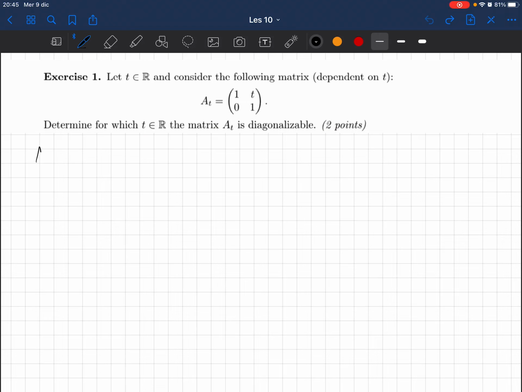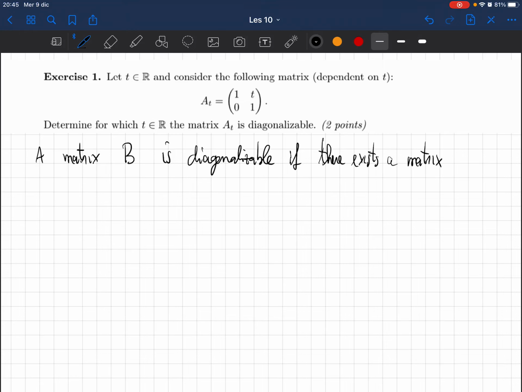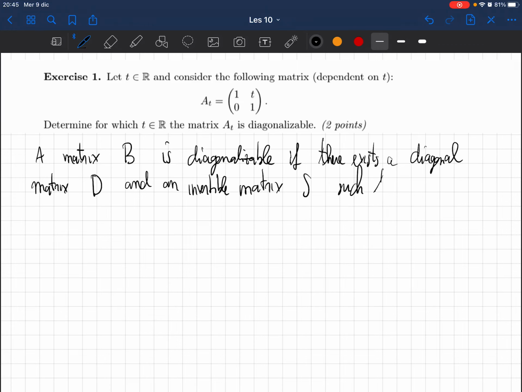We recall that a matrix B is diagonalizable if there exists a diagonal matrix D and an invertible matrix S such that S minus 1 BS is equal to D.